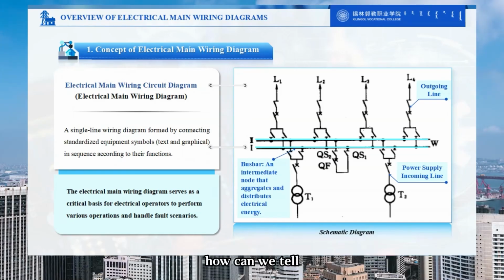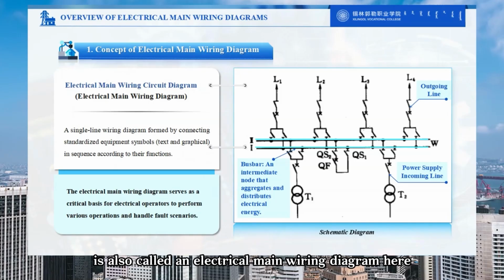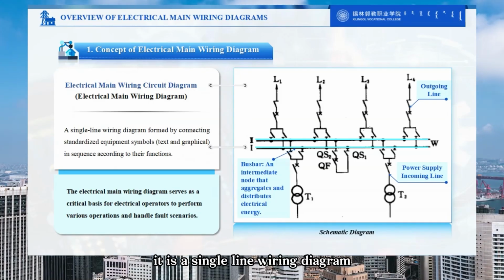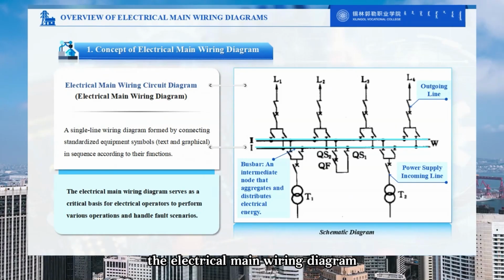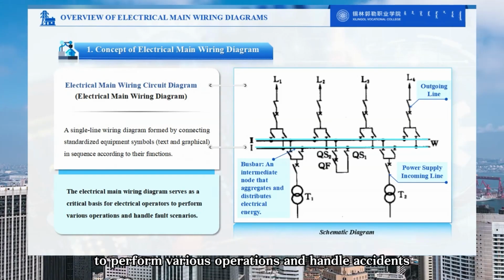How can we tell? The circuit diagram of electrical main wiring is also called an electrical main wiring diagram here. It is a single-line wiring diagram that uses standardized equipment text and graphic symbols connected in sequence according to their functions. The electrical main wiring diagram is an important basis for electrical operators to perform various operations and handle accidents.